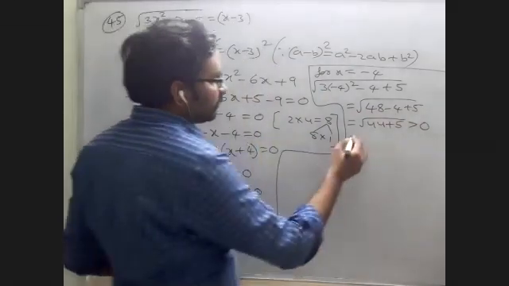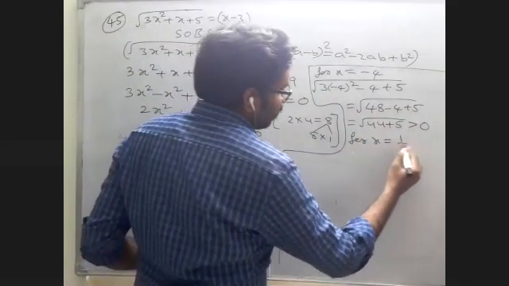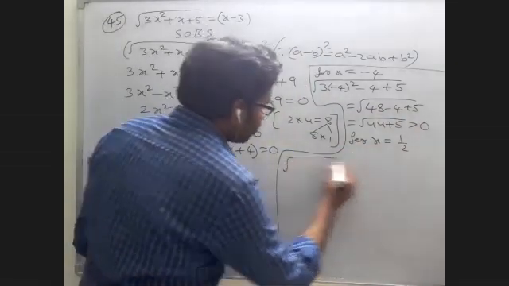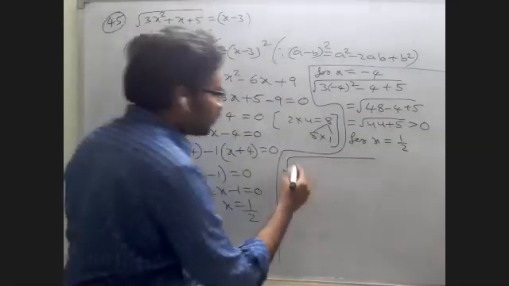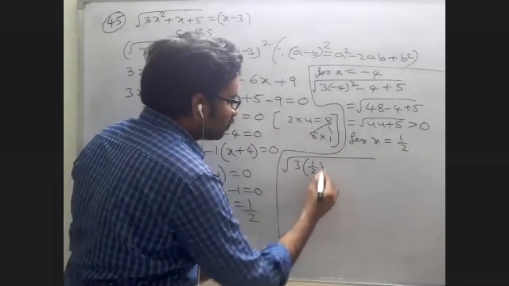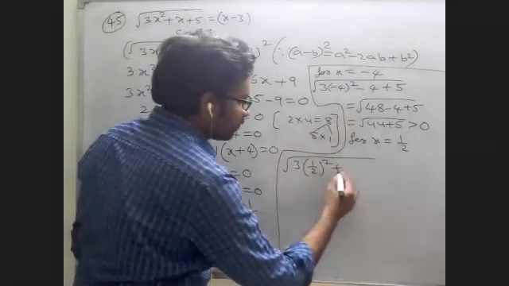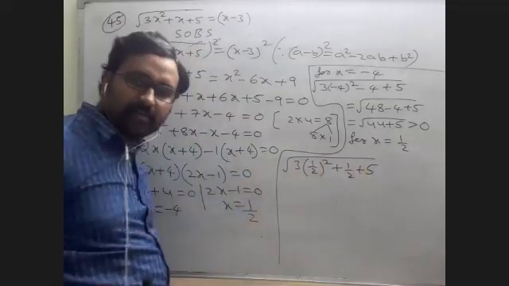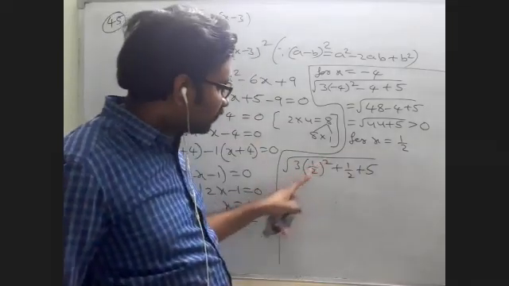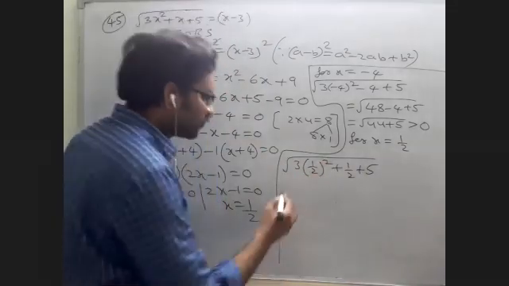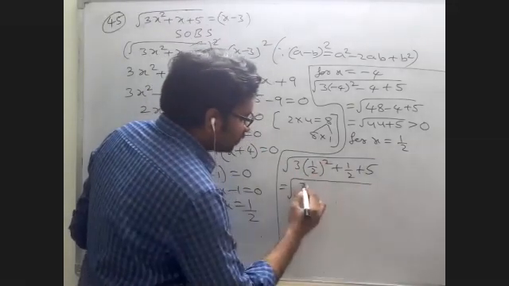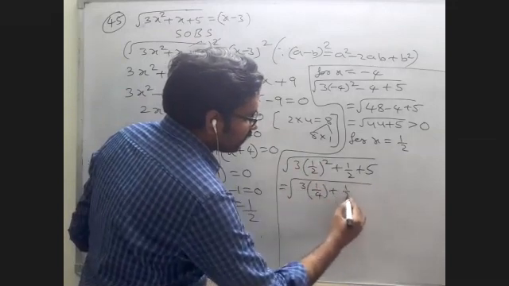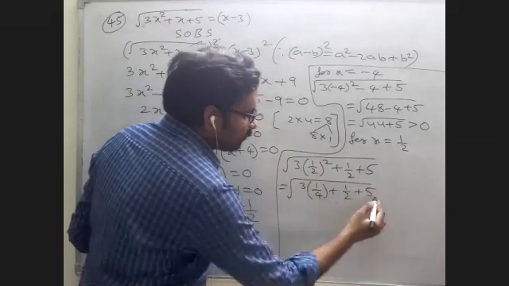Next, the second root, x is equal to 1 by 2. Root over 3 into x square, 3 into 1 by 2 whole square, plus x, that is 1 by 2, plus 5. Now 1 by 2 whole square will be 1 square over 2 square, which is 1 by 4. Root over 3 into 1 by 4 plus 1 by 2 plus 5 by 1.